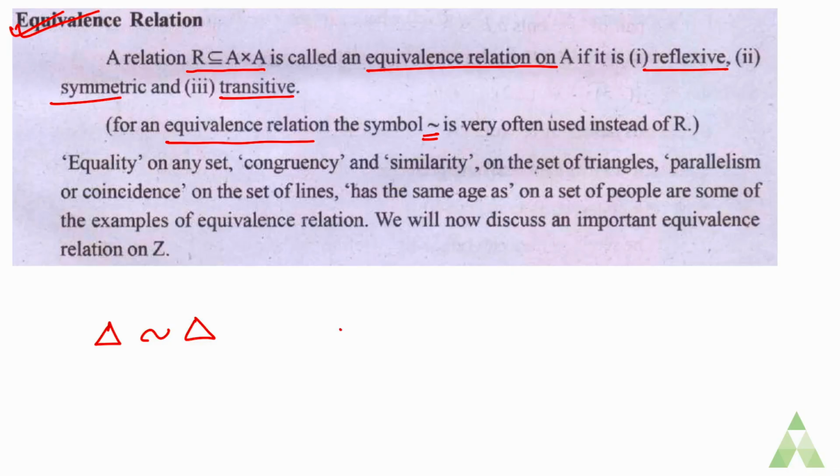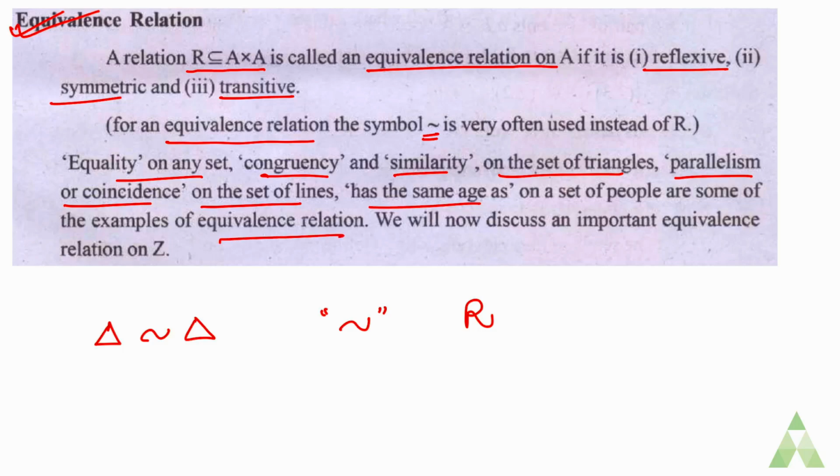For equivalence relation also we use this symbol instead of R. So equality of any set, congruency and similarity on the set of triangles, parallelism or coincidence on the set of lines, and sameness on a set of people are some of examples of equivalence relation.